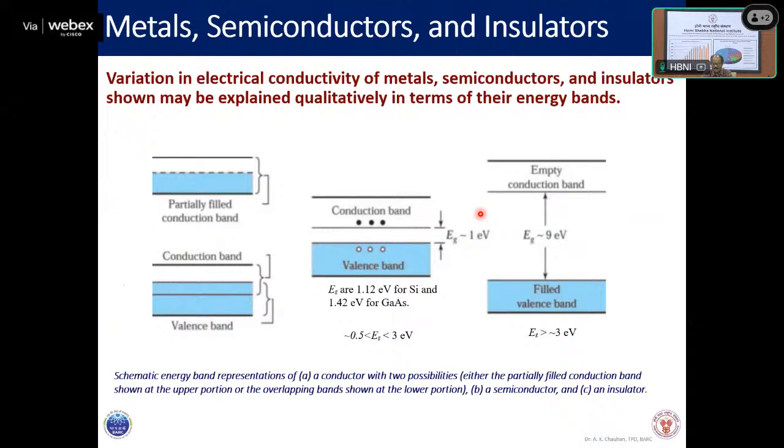Now the thing is slightly different in the case of semiconductors. In a semiconductor, like silicon, the band gap is about 1.12 electron volt. Typically, if the band gap falls between 0.5 or even less to 3 electron volt, we call it a semiconducting material.